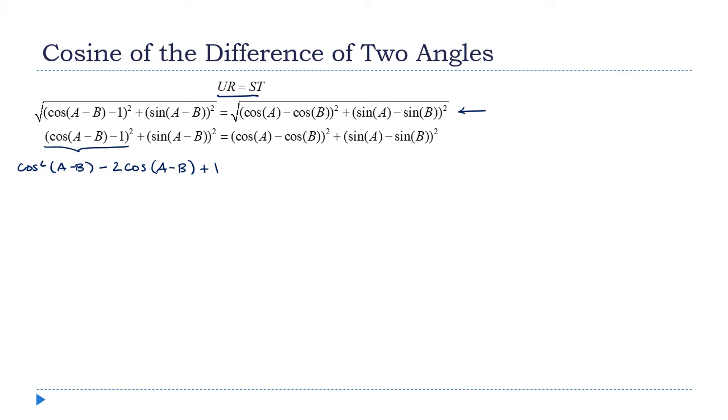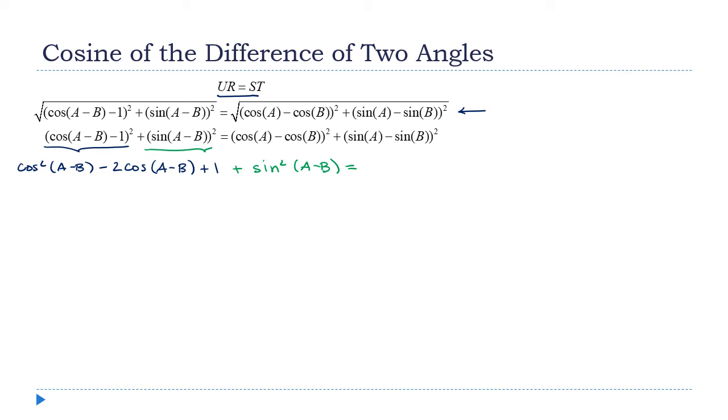Then this part's already done, there's nothing there to multiply out. That was the part that was minus 0, so it's going to stay just sine squared (A minus B). Okay, equals.